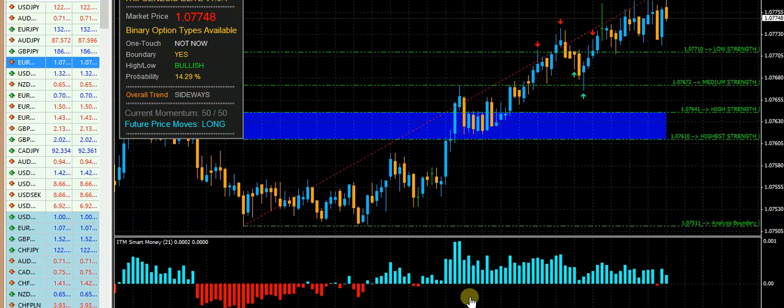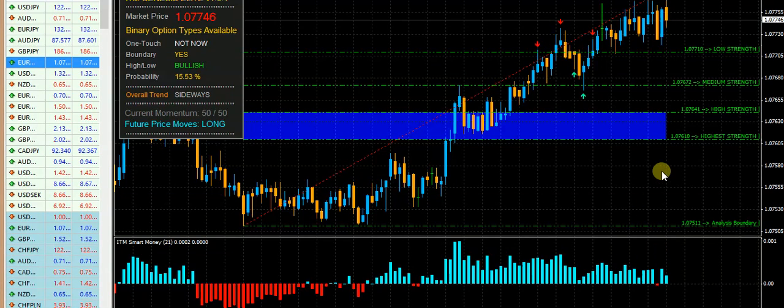So just come back to our platform to see the probability for this trade to finish in this range is around 12%, which is fairly low probability, as we can see here on our smart volumes, that the smart volumes are decreasing when our price is increasing on the bullish side.